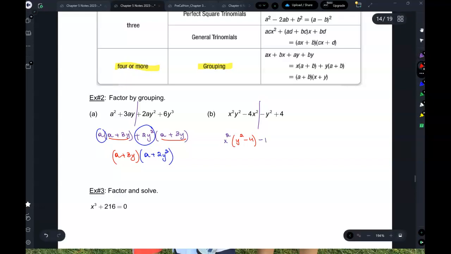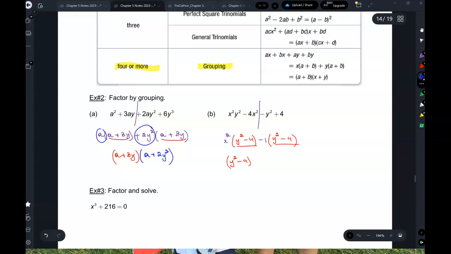When I take out a negative 1, what do I have left? Y squared minus 4. Oh boy, look, the same term again. So from here, because this was a minus, I just took out a minus 1, made this y squared minus 4. Okay, now, the term that's the same gets written down here once, just once.